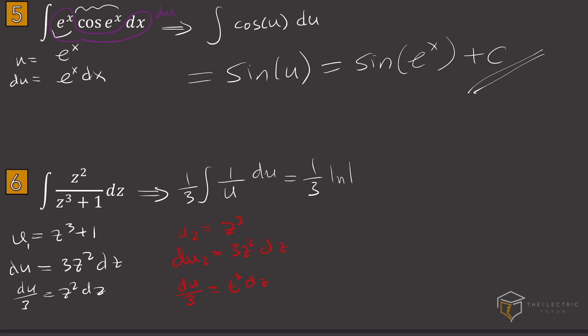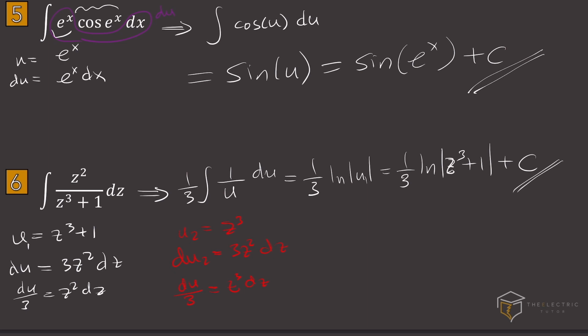Just natural log absolute value of u, and we turn back to the x world, so natural log absolute value of u, so u equals z cubed plus 1, plus c. And I'm done. Because z cubed can output negative numbers if we input negative values to it, I'm just going to leave the absolute value bars instead of deleting them.